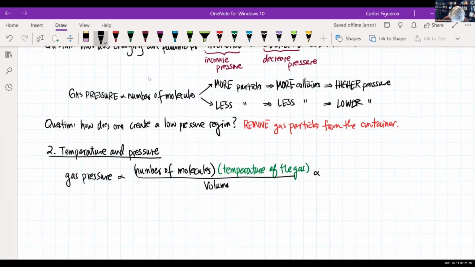And so all we're focusing on now is what? On the temperature of the gas. And remember what we said about temperature earlier.